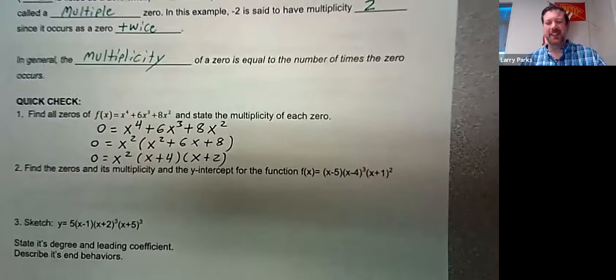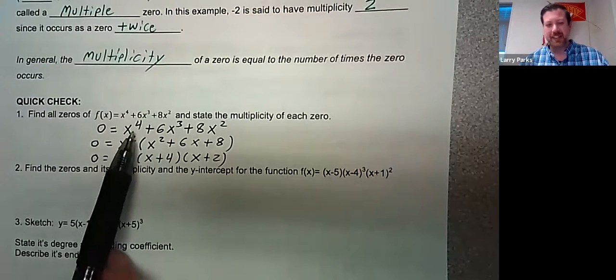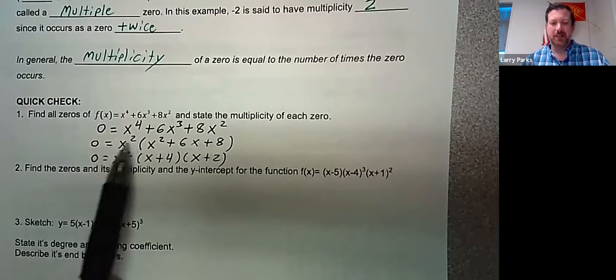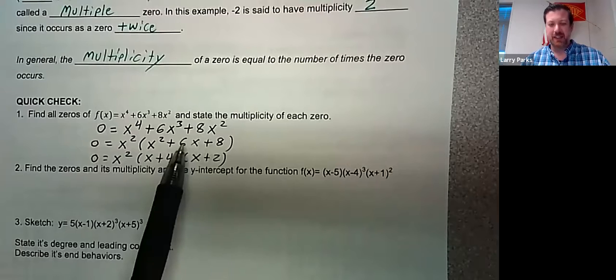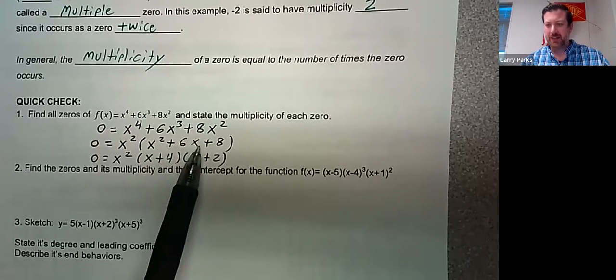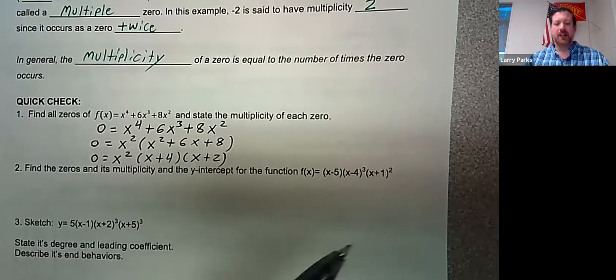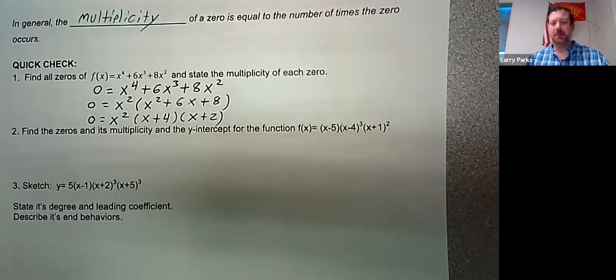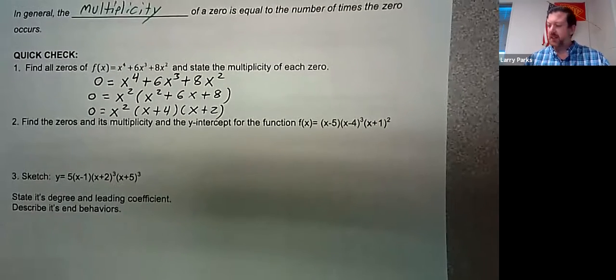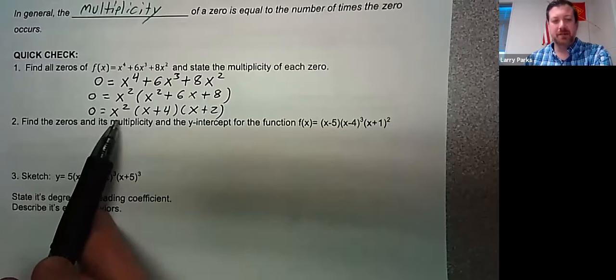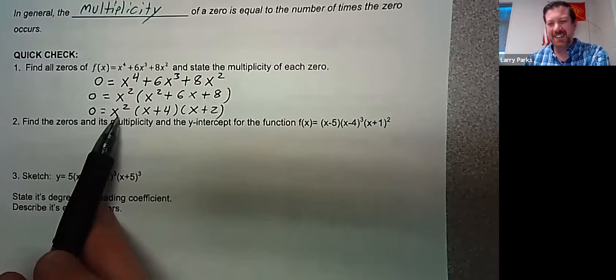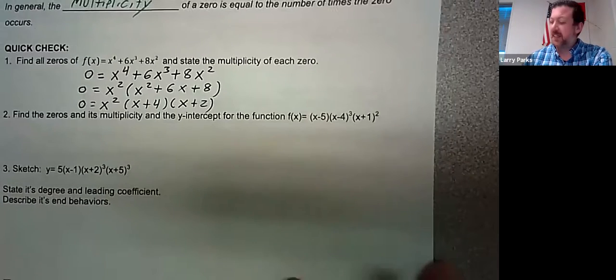So notice the only thing new here with the factoring was the fact that there was a GCF. And once you factored out the GCF, you should know how to factor these. So find the zeros and their multiplicity. Well, this is like x and x. So actually, let me rewrite that.